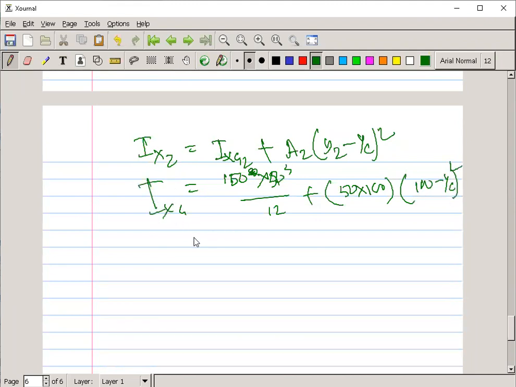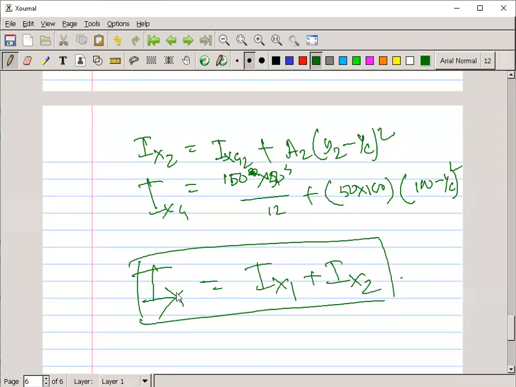Same thing you have to do for this. Finally, I of x for the present case is I of x1 plus I of x2. This is your final moment of inertia for this composite section.